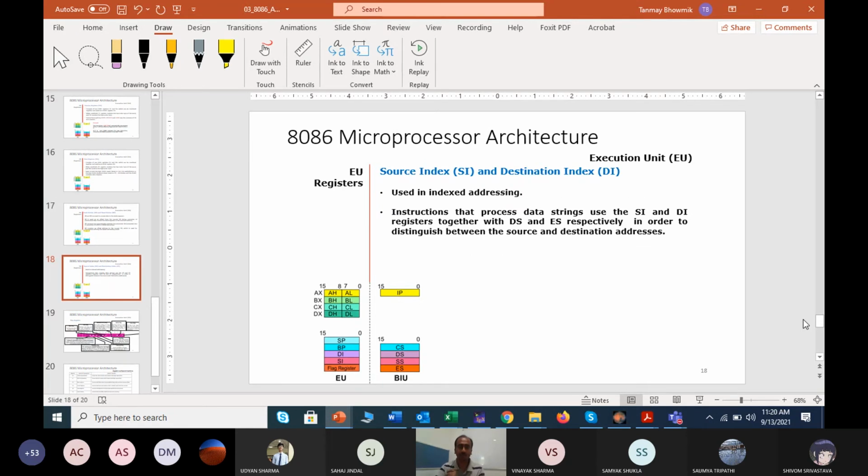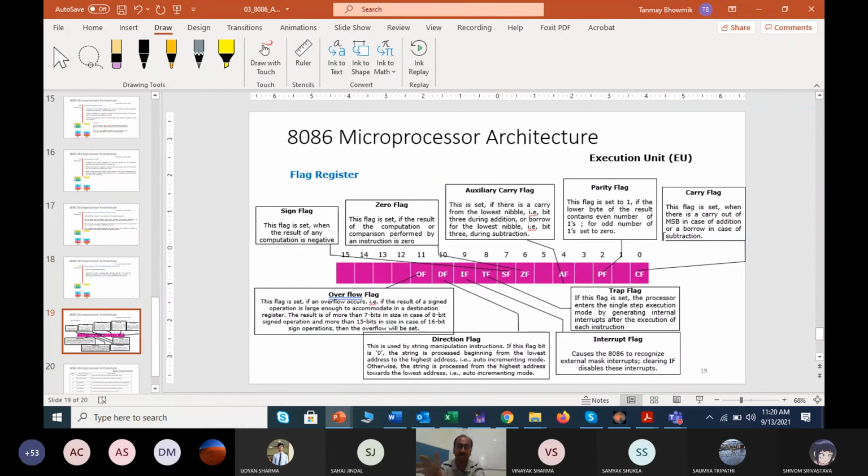And if I take a quick look at the source index and destination index, we discussed this in the case of the data segment part. At that time we were dividing the segment register into source index and destination index. The source index is where you are fetching the data from, and the destination index is where you are storing the data.